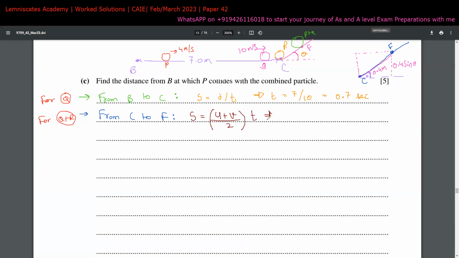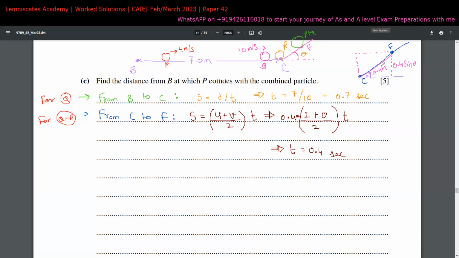If you implement this, the distance is 0.4, the initial speed is 2, the final speed at the maximum height is 0, divided by 2 because of the formula, and then there is the time. If you solve this, 0.4 equals to, there is an equal sign over here, so it will be 0.4 seconds.